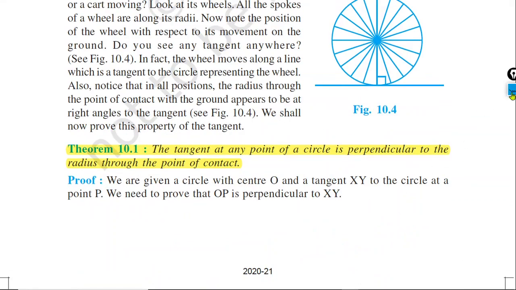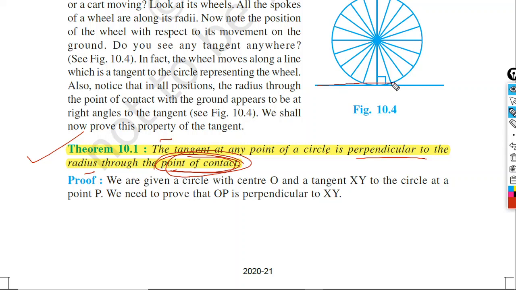Let's read the theorem. Theorem 10.1: The tangent at any point of a circle is perpendicular to the radius through the point of contact. What is the point of contact? You should know what the point of contact is. Look, this is a tangent.